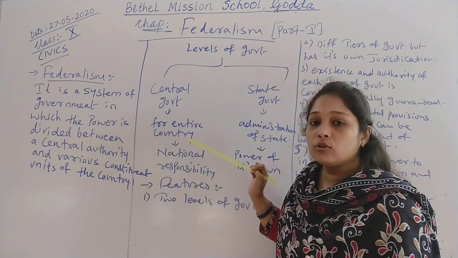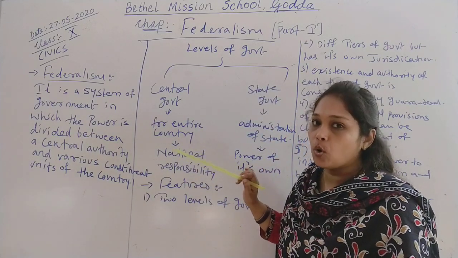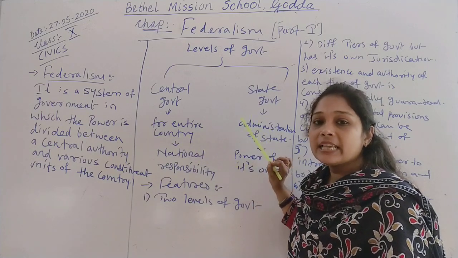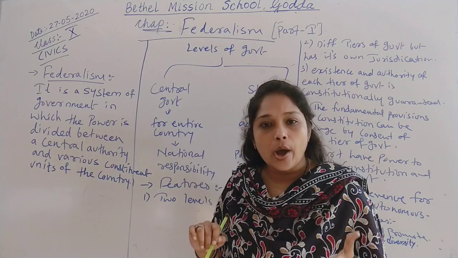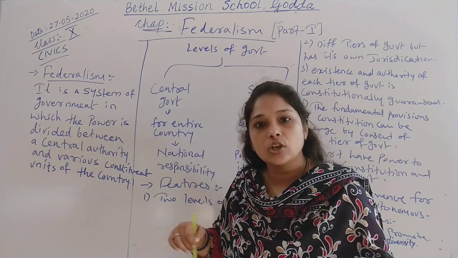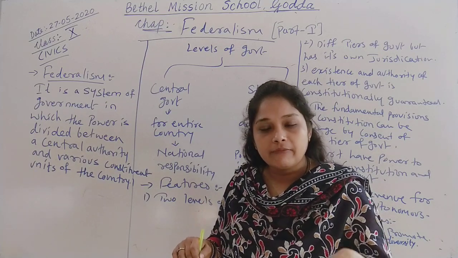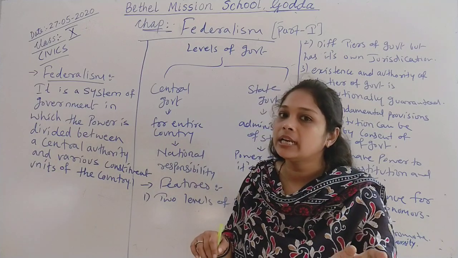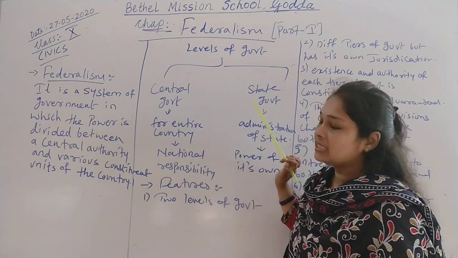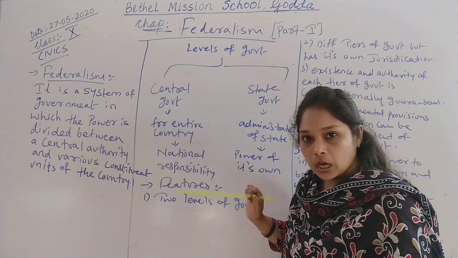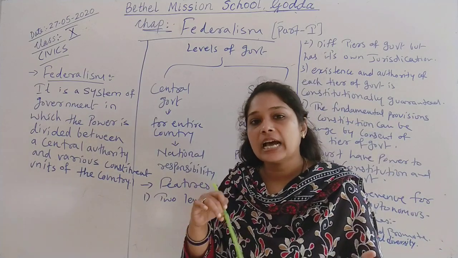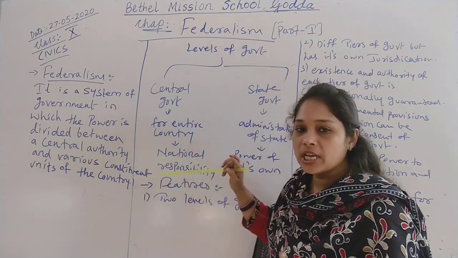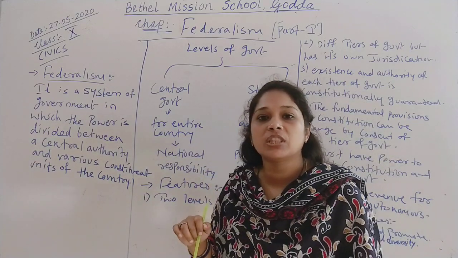On the state list, the state has the power to make decisions on things like education, law and order, and health. In the concurrent list, both the central government and the state government have a right to take decisions, like environment. So these are the different lists on which the union and state governments share powers with each other.